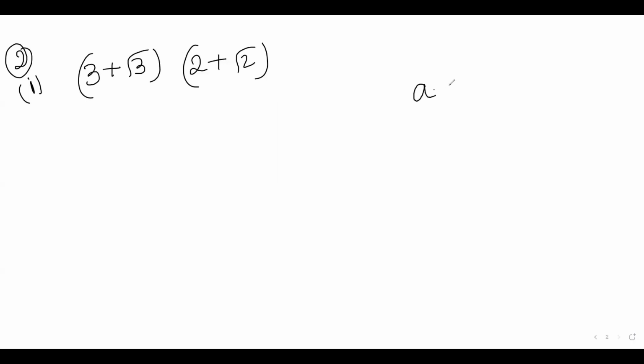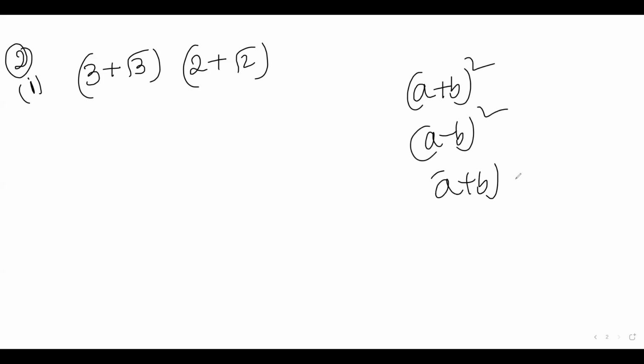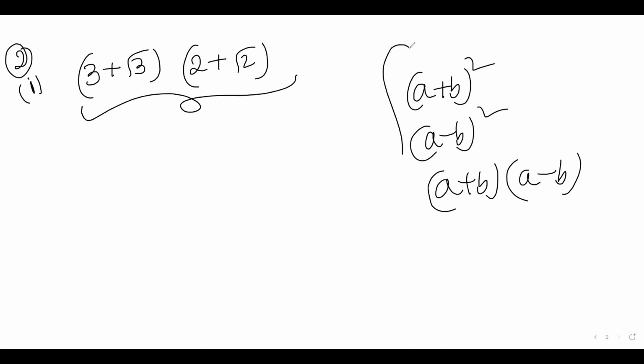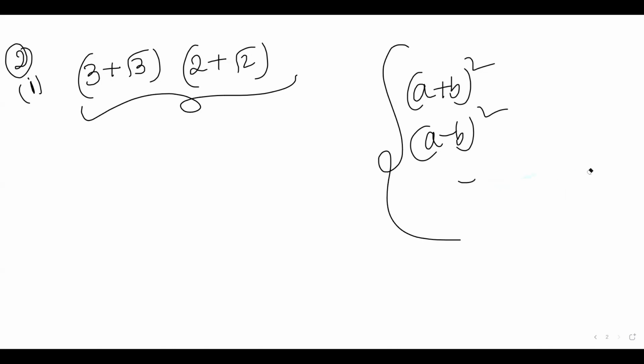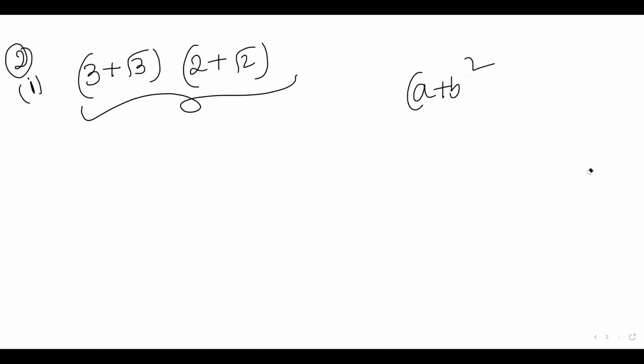You can't apply a plus b whole square or a minus b whole square or a plus b into a minus b. It is not in this form. So you can't apply any algebraic formula.